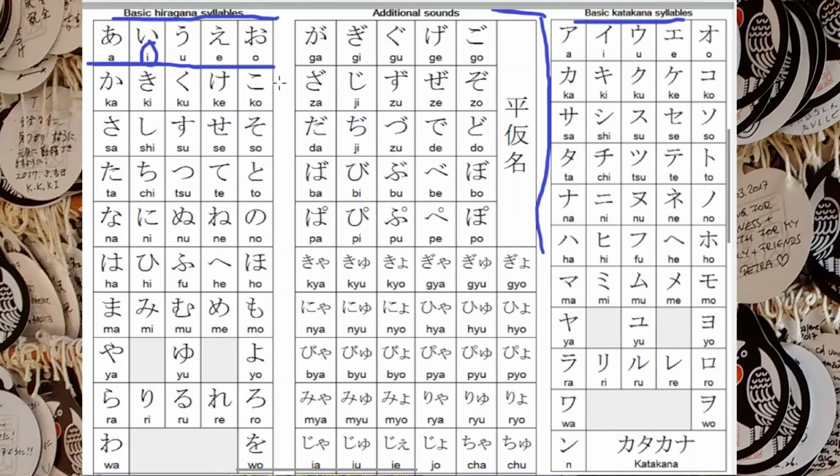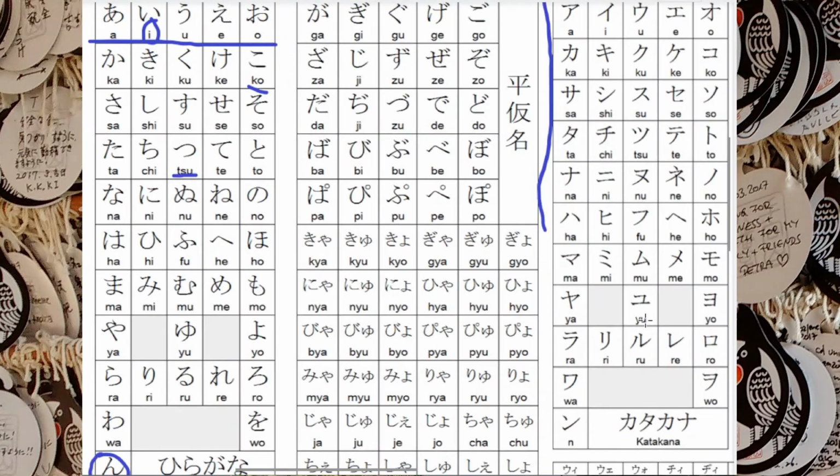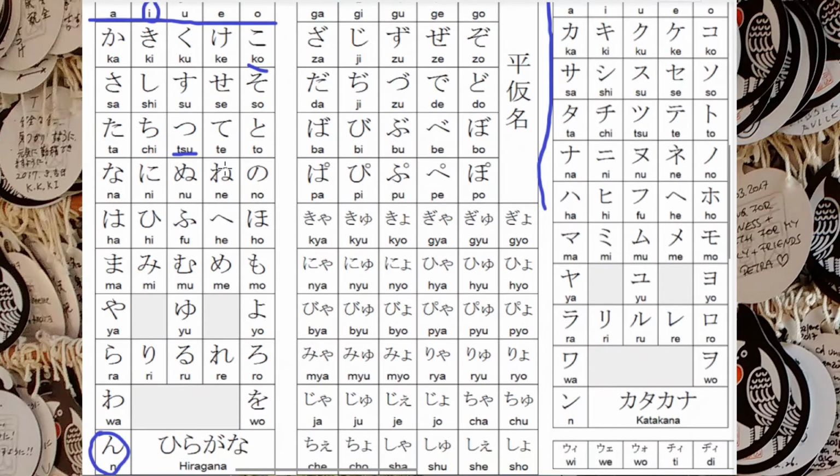So as you can see, everything below the vowels is displayed by 2 or 3 Roman letters. So from this one is ka, ki, ku, ke, ko. Now this is also very important because I'll just mention this bit as well.